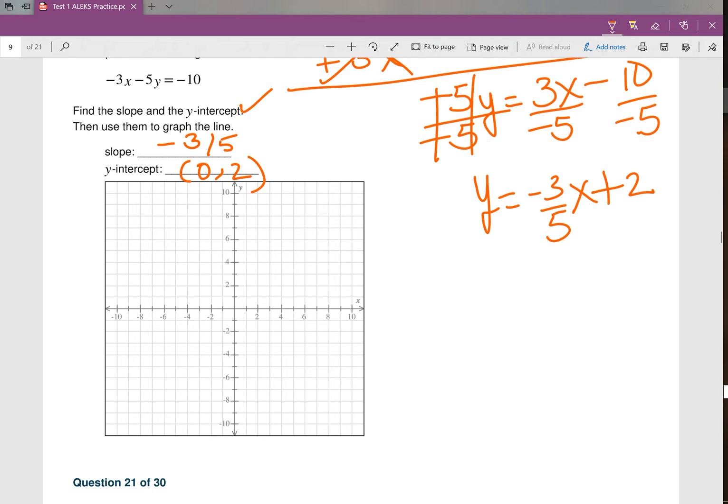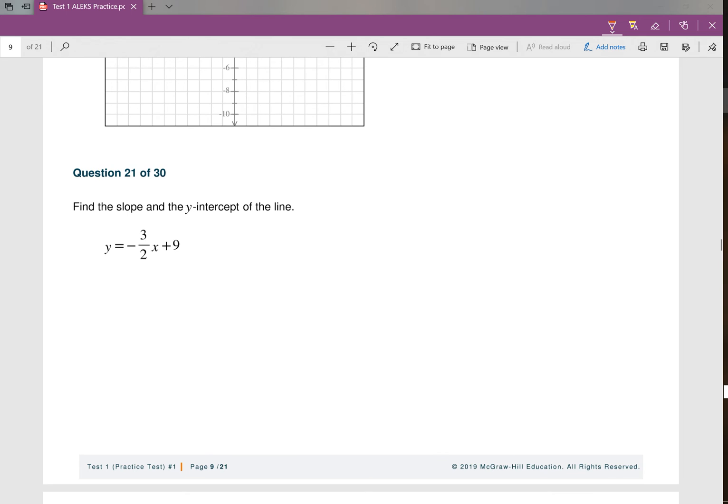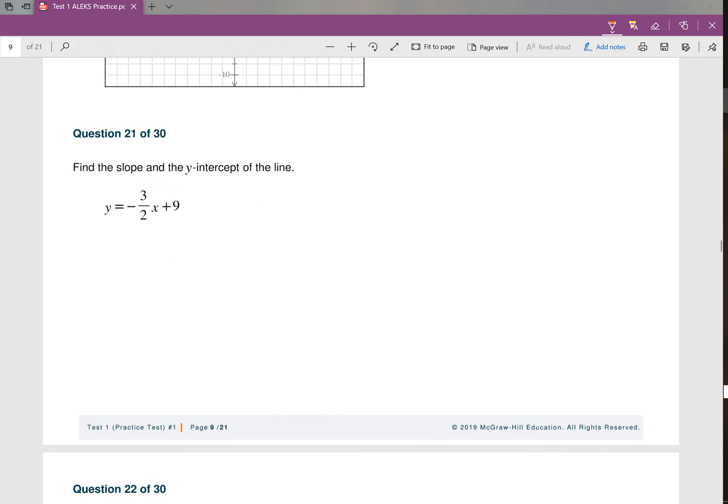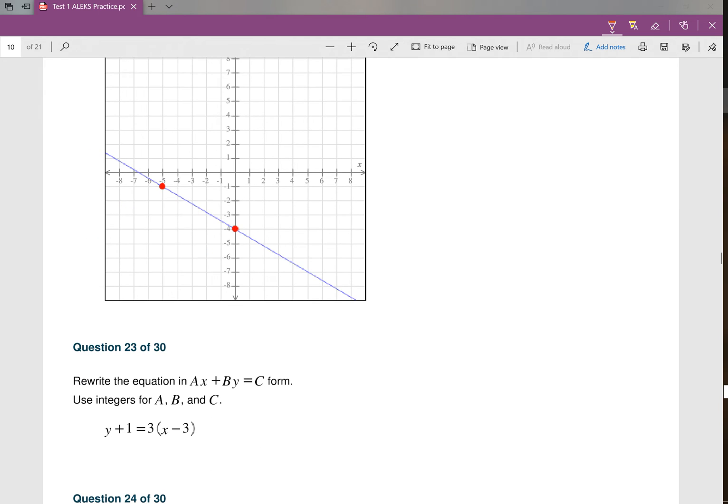Okay, let me see here. If I have to find the slope and y-intercept of the line, well, there's your slope, and your y-intercept is simply (0, 9). And then write an equation of this line. You see how this is at (-5, -1)? They're basically giving you a point. Here's the other point, which is the y-intercept, (0, -4).